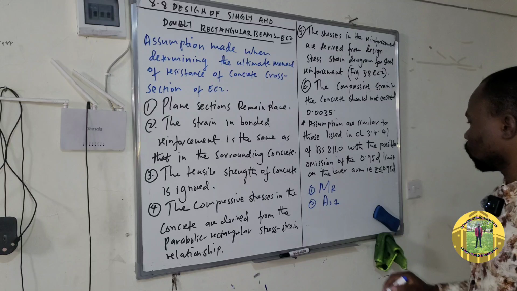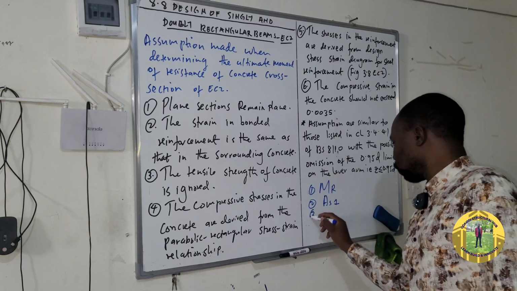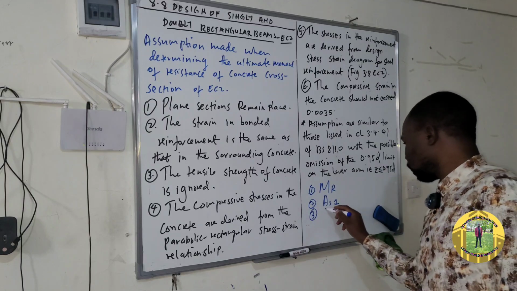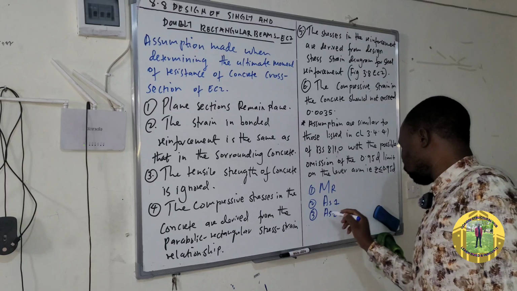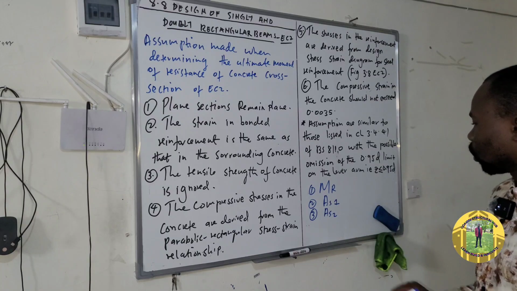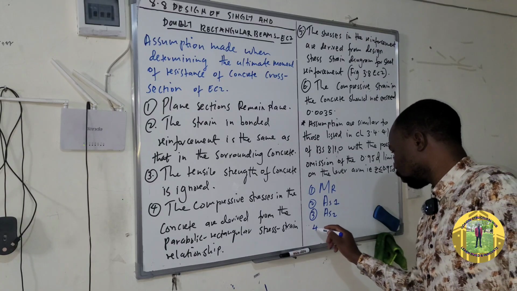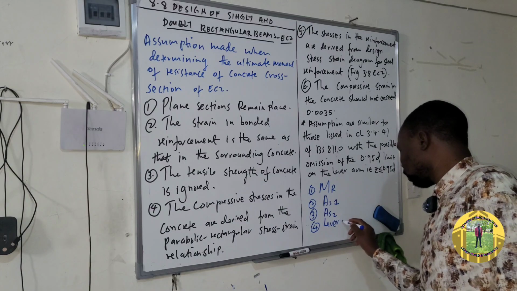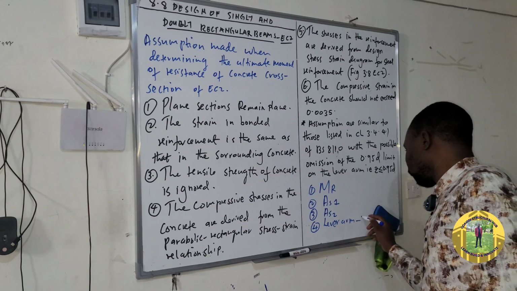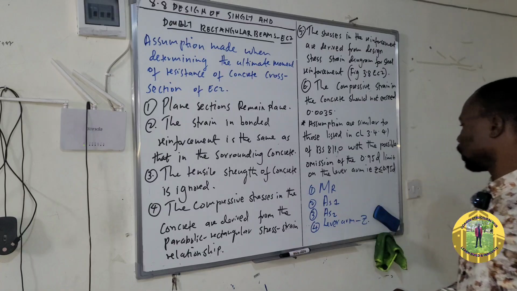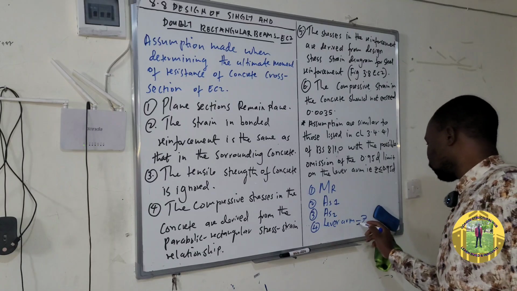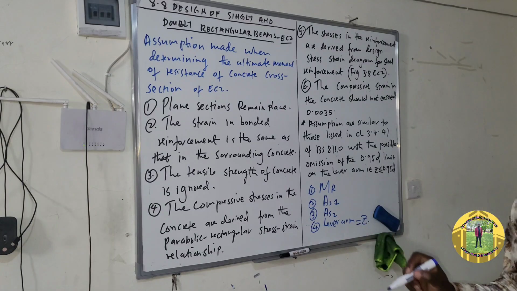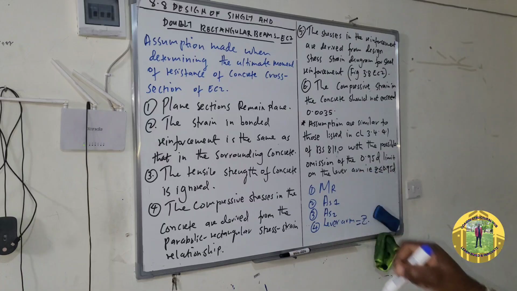And then #3, you will know how to derive the area of steel in compression. Also, you will know how to derive an expression for lever arm, which is Z. So welcome and please stay tuned from start to the end.